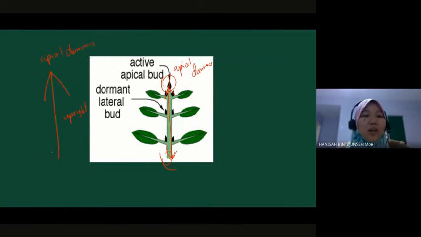Whenever there is growth, from a small plant like this, it will grow upwards, upright. That is the apical dominance, the growth and elongation of shoots.